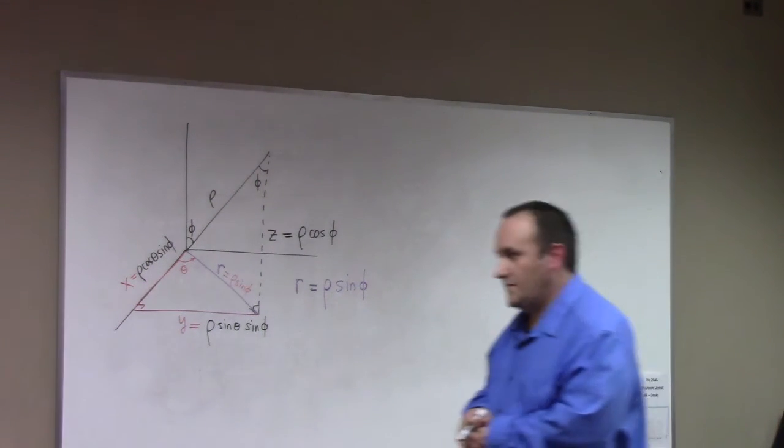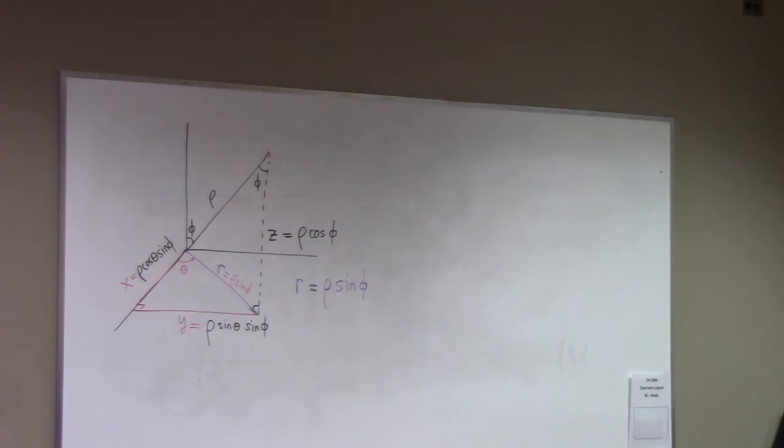So there you go. There are the spherical coordinate formulas. x equals rho cosine theta sine phi. y equals rho sine theta sine phi. z equals rho cosine phi. Notice that the roles of theta and phi are very different. Theta sweeps from 0 all the way around to 2 pi.